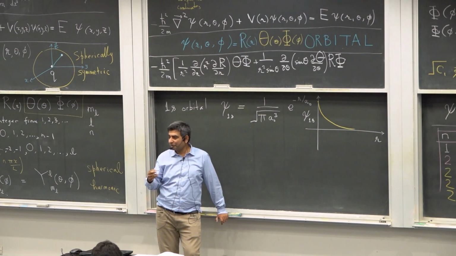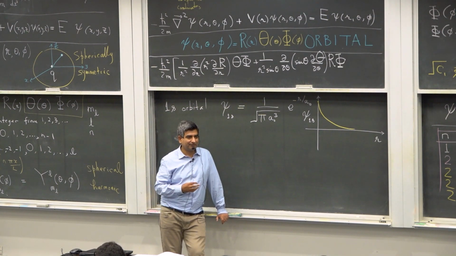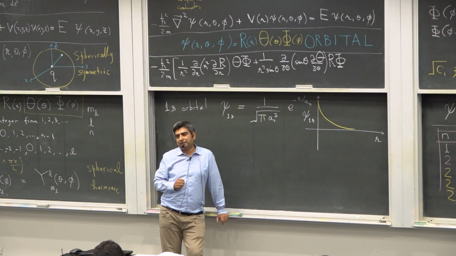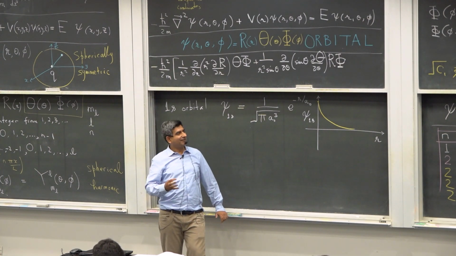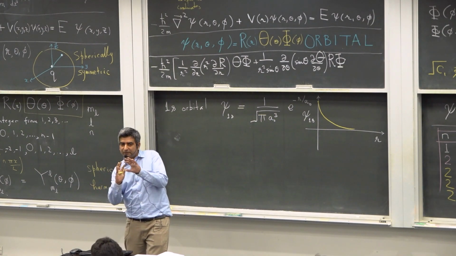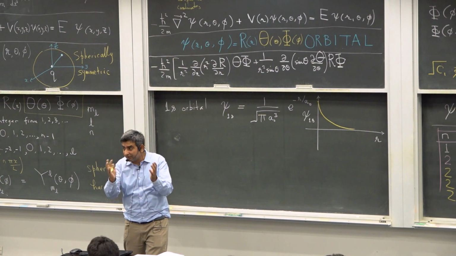Chemists like to plot or draw orbitals. They are more adventurous sometimes than physicists. So how can I draw this orbital? If I were to draw an orbital which does not have any theta and phi dependence, the best kind of drawing I could make is a sphere.